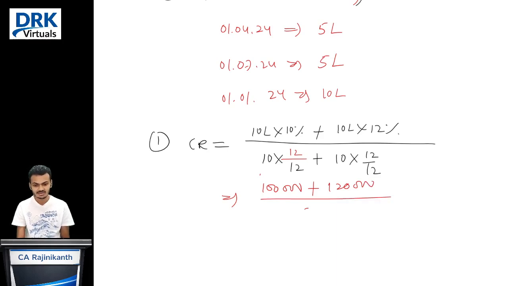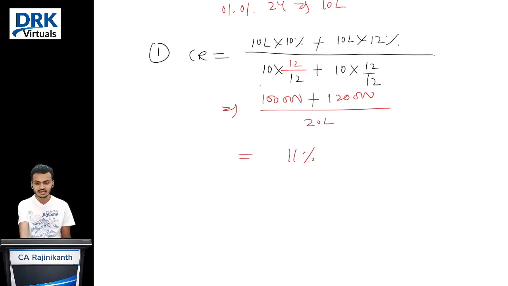How much, sir? 20 lakh. Calculate the percentage. 2 lakh 20,000 divided by 20 lakh. How much is it? It's 11%. 11% is our capitalization rate.